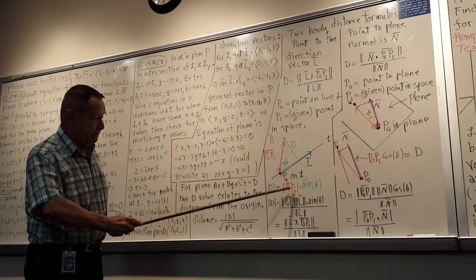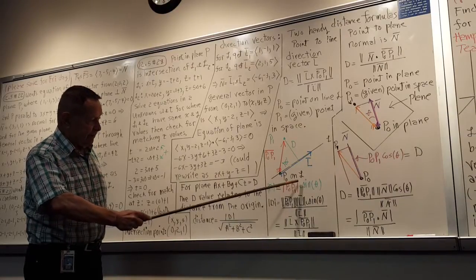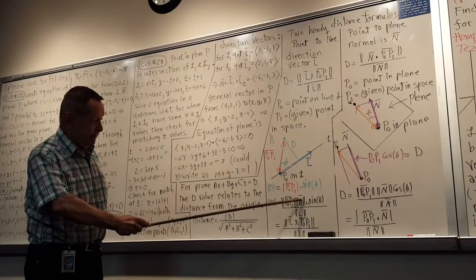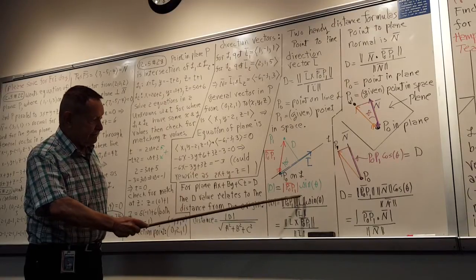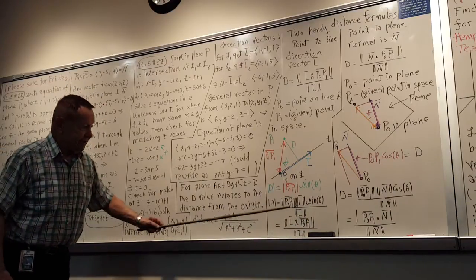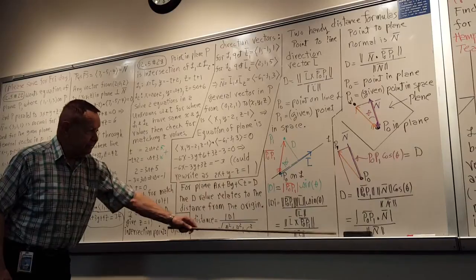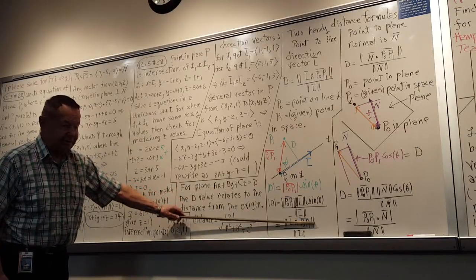So what I have here. So what I do is I multiply top and bottom by the length of L, and that's legal because it's a number and not 0. And notice what you have on top now is the magnitude of the cross product.